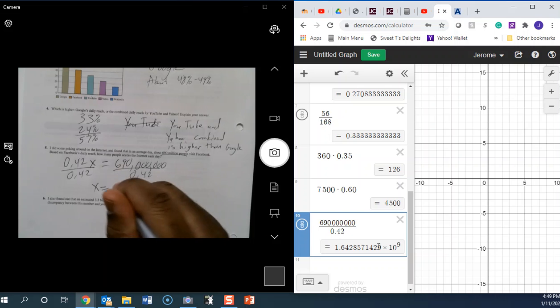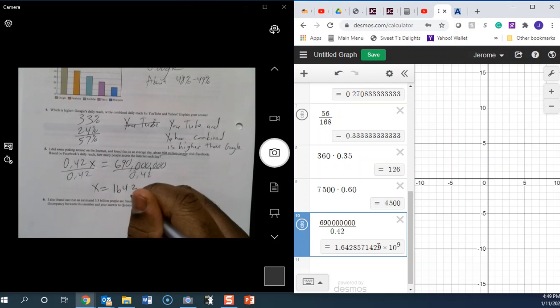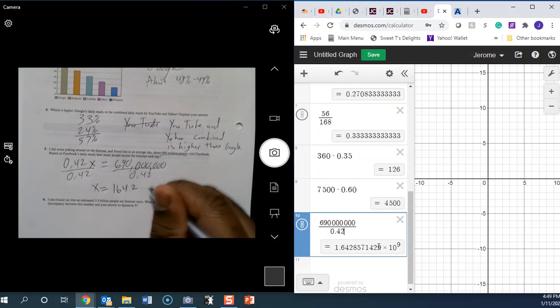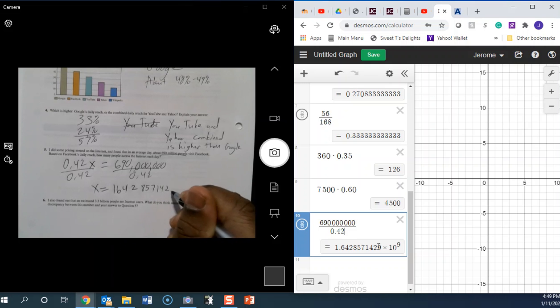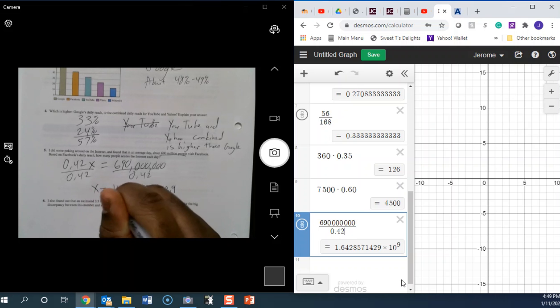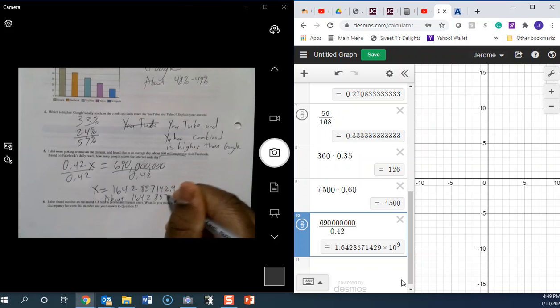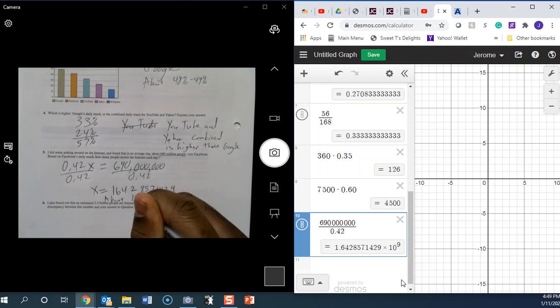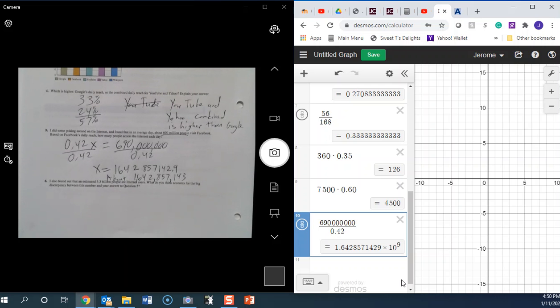So x is equal to 1,642,857,142.9. Of course, if we want to write this as a regular number, because we can't have 0.9 of a person, it'll be about 1,642,857,143.